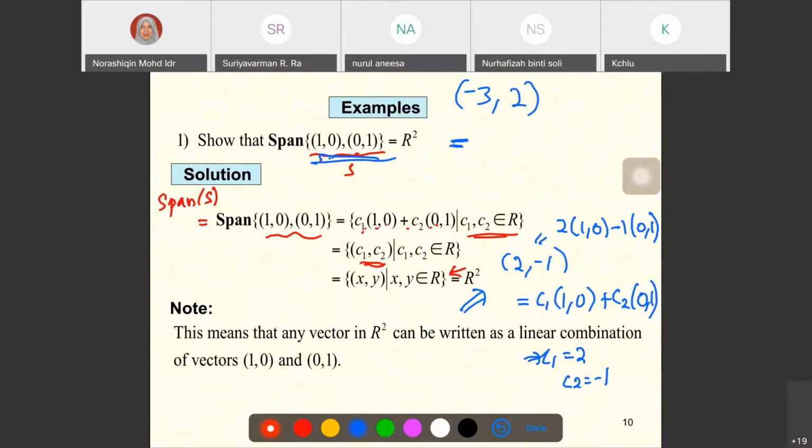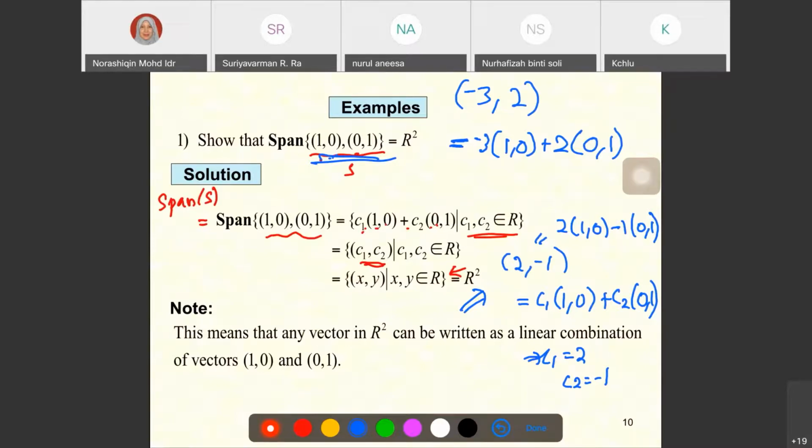Negative 3 times (1, 0) plus 2 times (0, 1). Right? So our C1 will become negative 3 and C2 is 2. This is what we call the base, the identity, (1, 0), (0, 1).